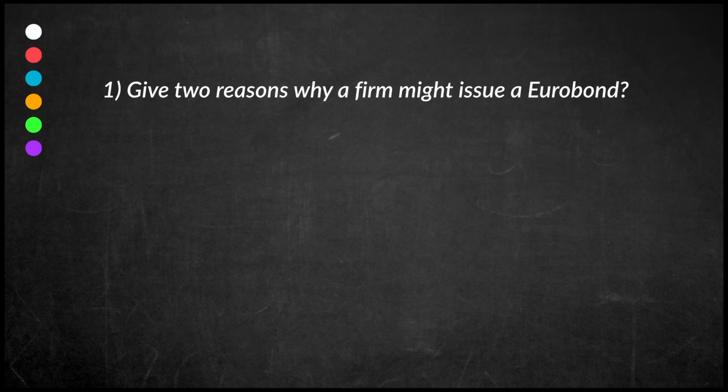Right, so a bit of question time, and I'm going to start doing these at the end of each video just so you can see what you've learnt and what you need to go back and learn. It's just to help you fully understand the topic. So my first question is, give 2 reasons why a firm might issue a Eurobond.